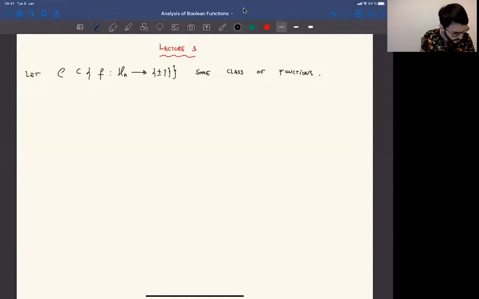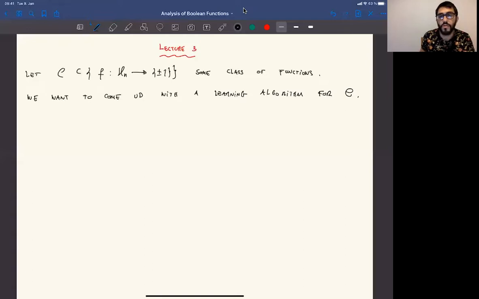And you want to come up with a learning algorithm for this class of functions.